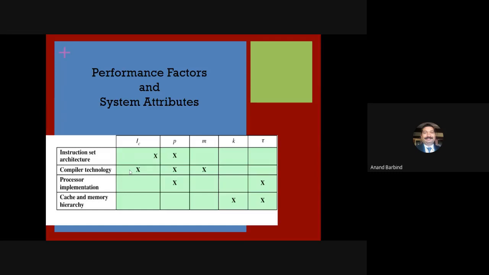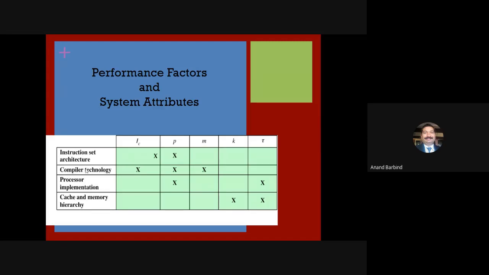If the compiler is good enough to make the low level program as compact as possible, then the IC reduces. The instructions that are chosen for the purpose of performing the internal operations, if they are properly chosen, then this P also reduces, or the memory references also reduce, if the instructions of the low level language are wisely chosen by the compiler which is being used.